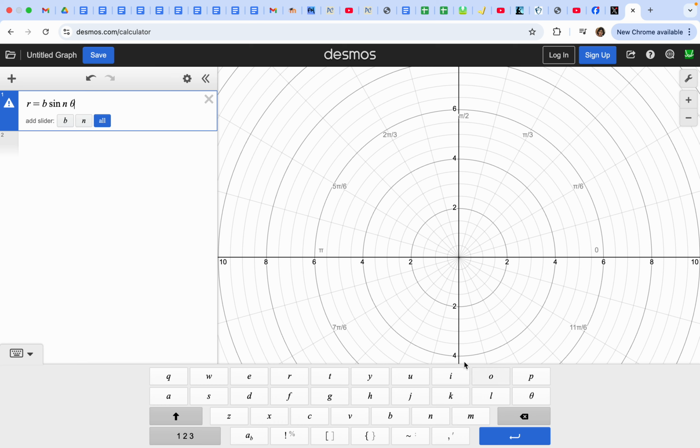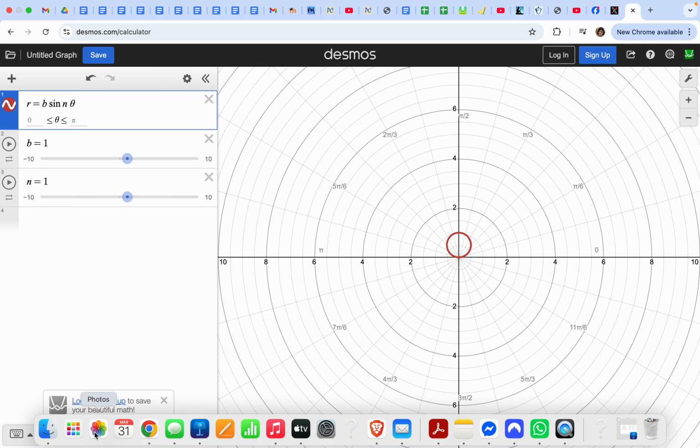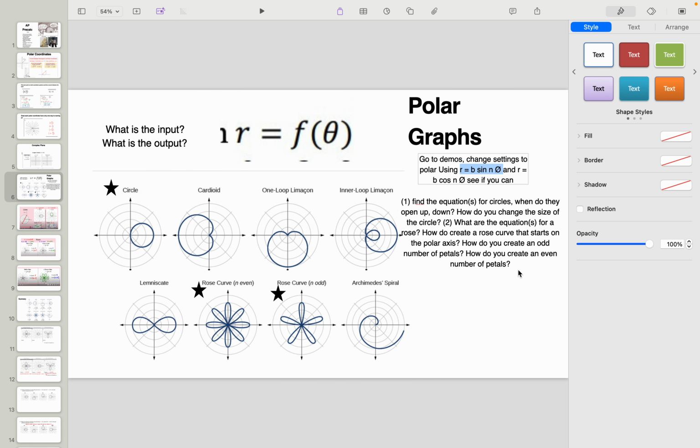Here we go, I have theta. And then you can see what happens. So what I want you to do is see what happens as the values of b and n change. I want you to do that for r equals b sine n theta and r equals b cosine n theta.